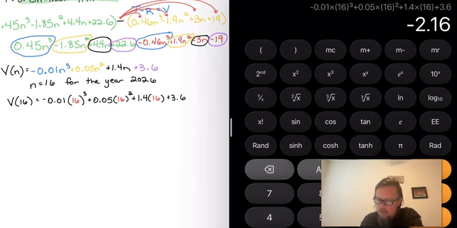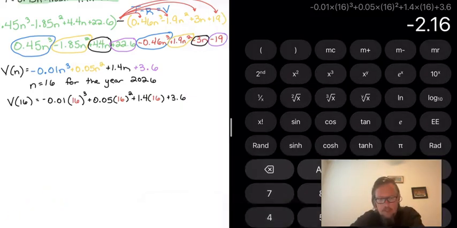Hopefully I typed all that in right. Nope, I definitely did not type that in right. Where did I mess up? Something tells me video game sales are not going to be negative. Let's see if we can find the mistake. It's definitely a mistake somewhere because I don't think video game sales are going to be negative. So let me take a look real quick.